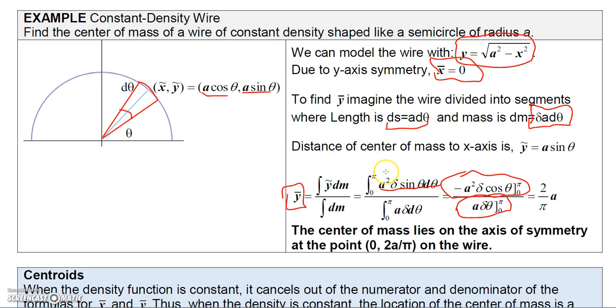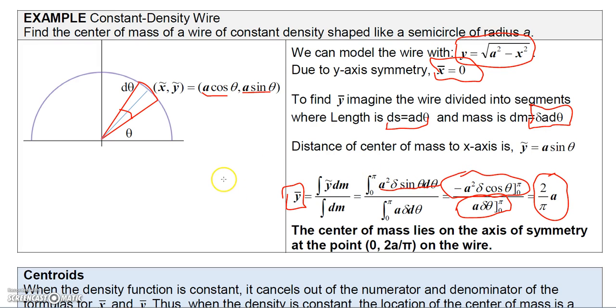I'm sorry, I said that wrong. I've already integrated sine theta and I got minus cosine theta, and now you evaluate this from 0 to pi. Then in the denominator, when you evaluate the density times a d theta, you simply get a times the density times theta, and then you evaluate that from 0 to pi. After you evaluate both of these, divide, and cancel the common factors in the numerator and denominator, you should get that y bar is 2a over pi.